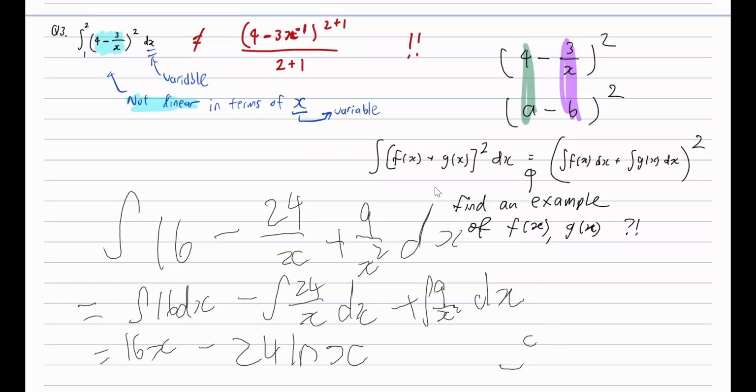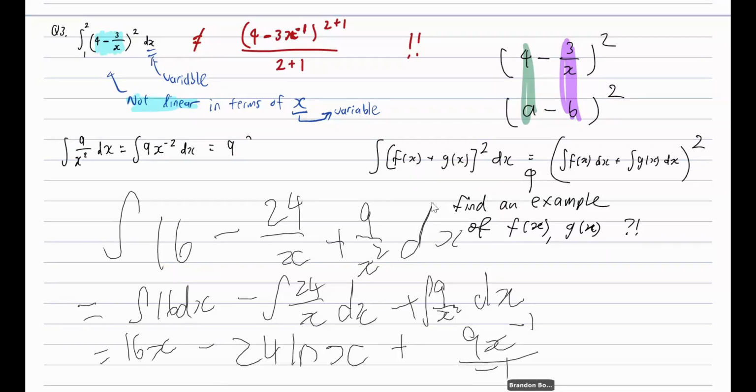Wait, I'm confused. Is it not 9 over x? Yes, it's 9 over x. I think it's a positive sign. Let me try again. 9x to the power minus 2, then you add 1 to the power, it becomes negative 1, then you divide by minus 1. Oh, sorry, let me see again.